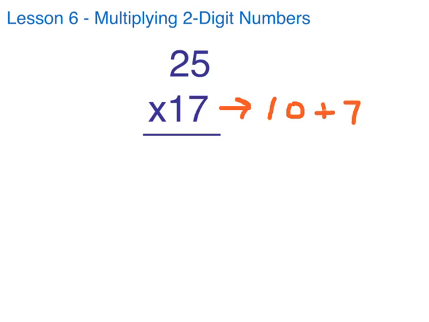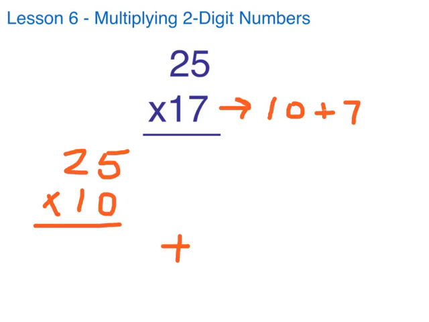So 25 times 17 is 25 times 10, and we add those two, the product to 25 times 7. And those two products you should be able to get, and when we add them up, we will get our final answer. So pause the video and see if you can do that on your own. Come back when you're ready.